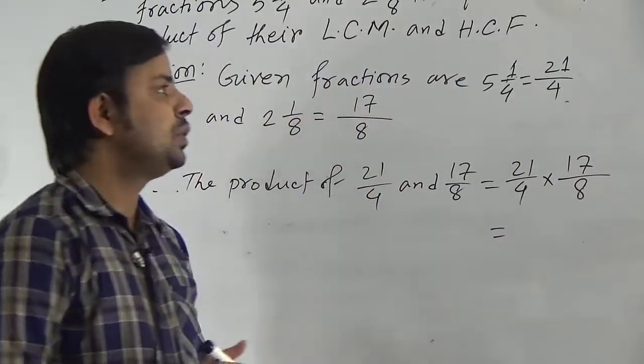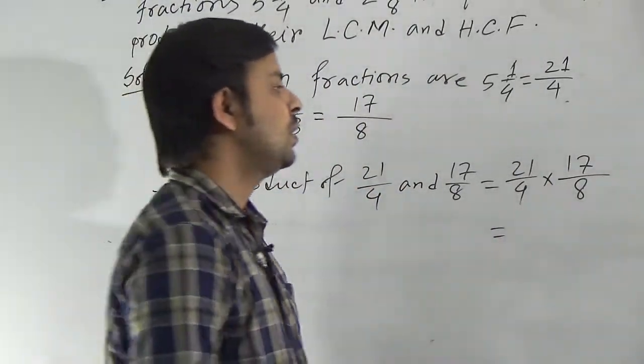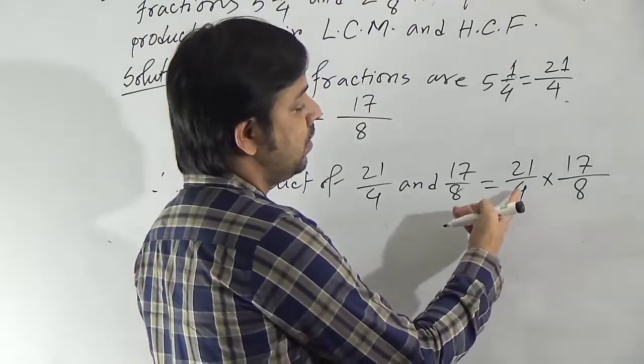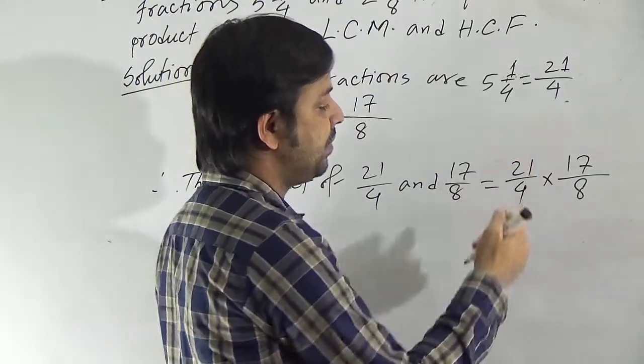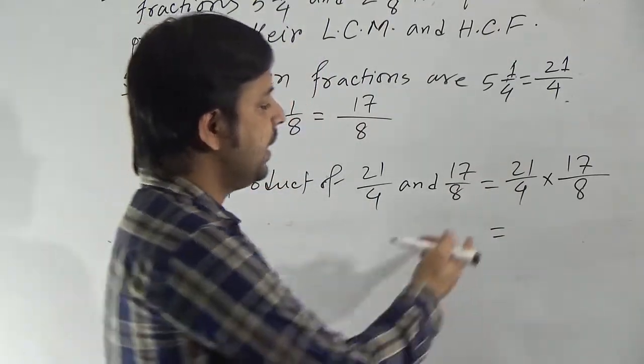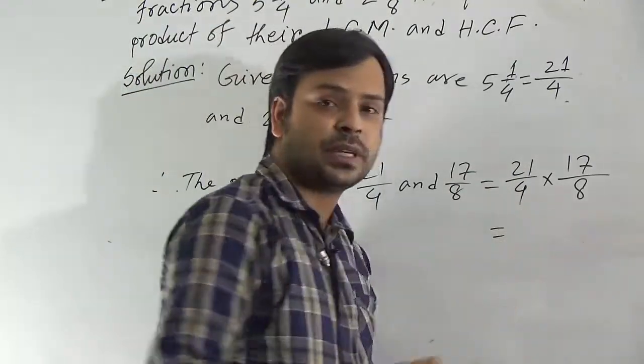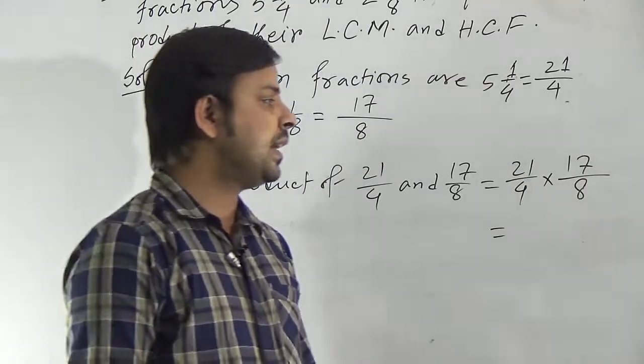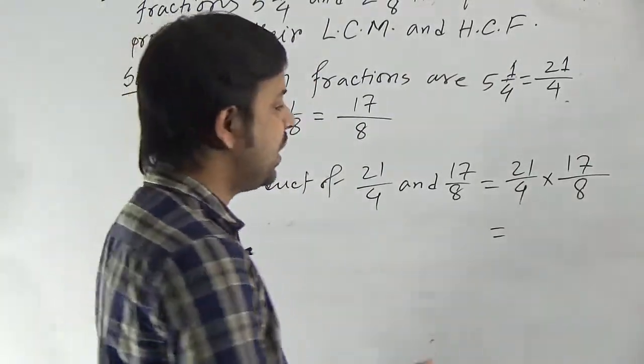Now do their product. As 17 is a prime number and 21 is an odd number, and the denominators are both even, we cannot divide by any common number, so we have to multiply.